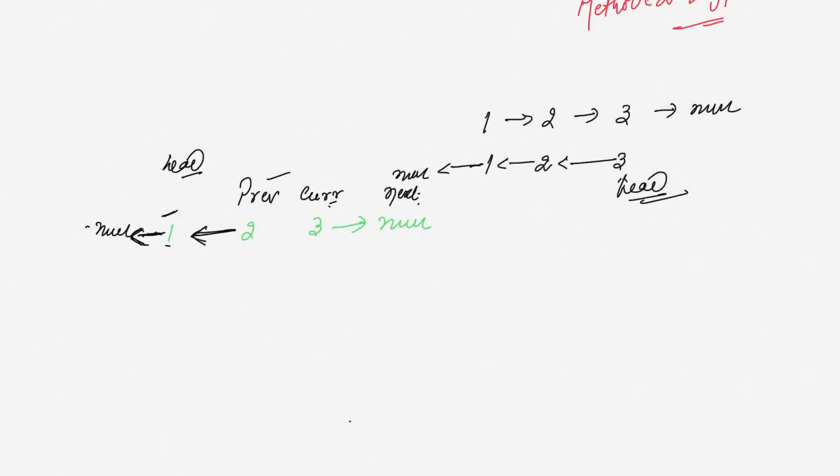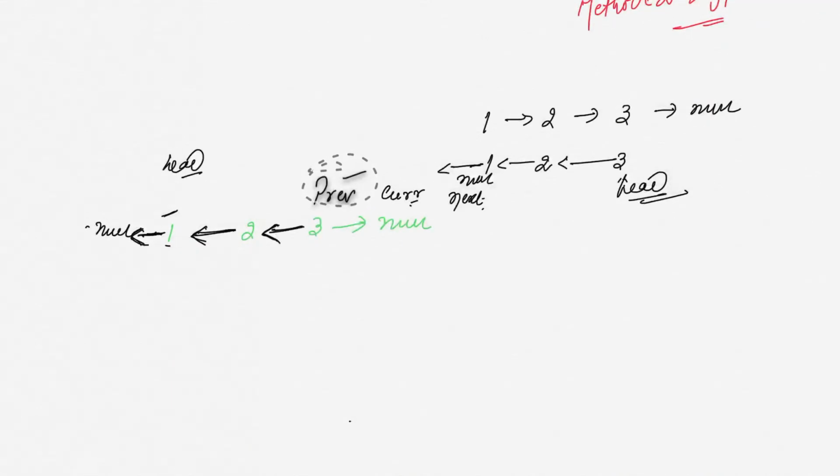This is how it's going to look. And again we make current, which is right now pointing to null, point to the 2. We are going to move next here, current is going to be here, and previous is going to be here.